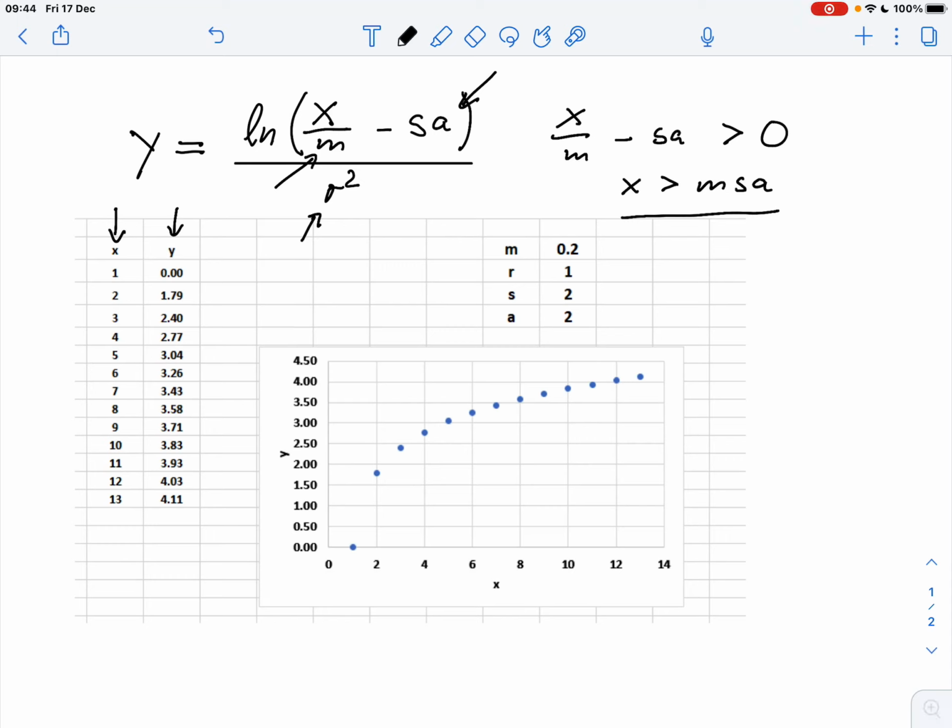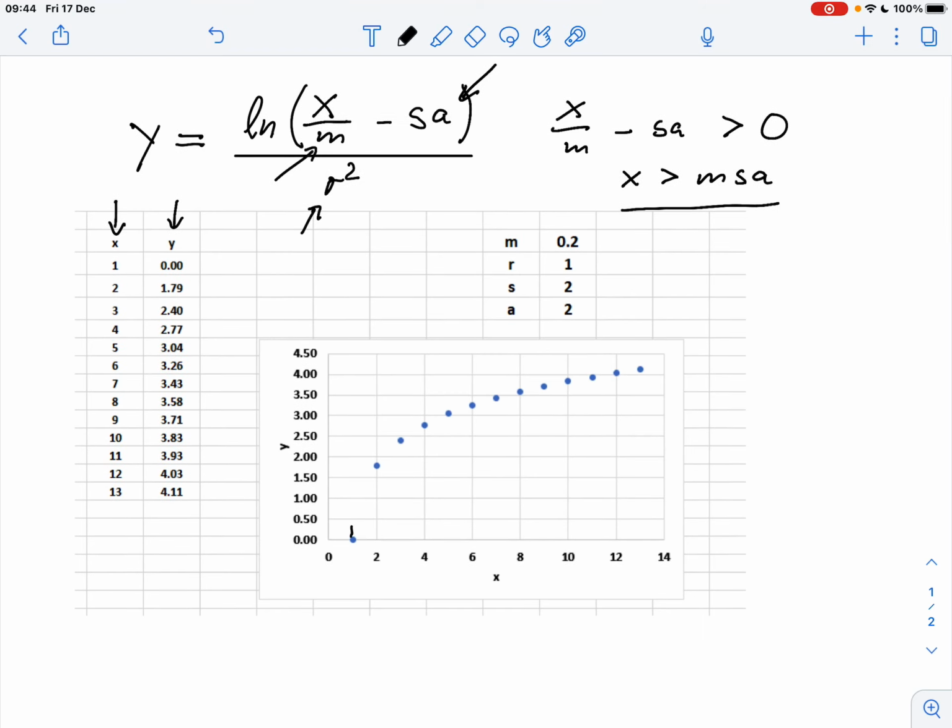So for example, I've chosen m equals 0.2, r equals 1, s and a are 2 respectively, and we get a curve that looks something like that, and of course it is dominated by this ln.